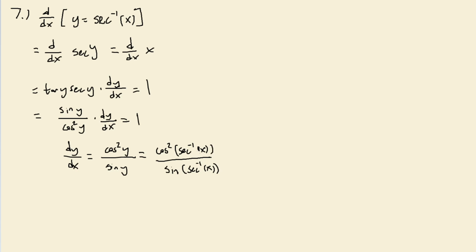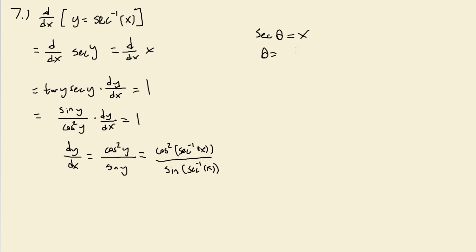And now what I want to do is construct a triangle where inverse secant of x is equal to theta. And how would I do that? I would have to construct a triangle where secant of theta is equal to x. If secant theta was equal to x, and I took the inverse secant of both sides, the inverse secant of secant theta is just going to be equal to theta.